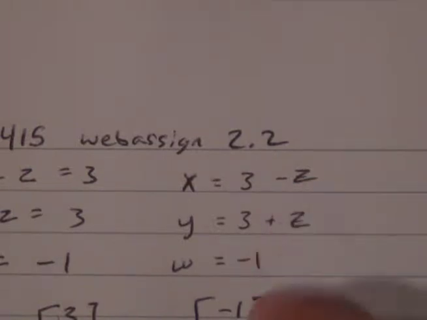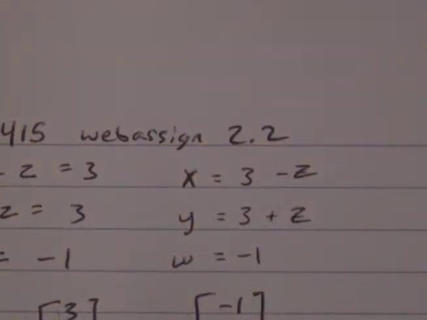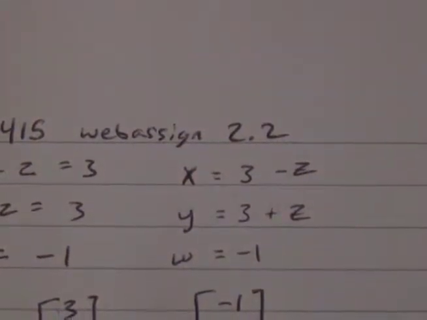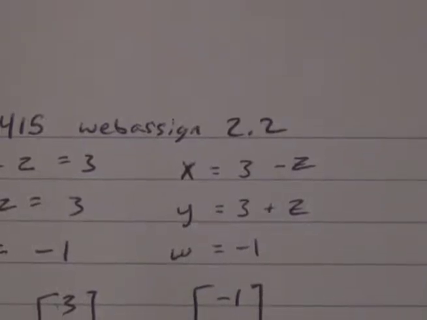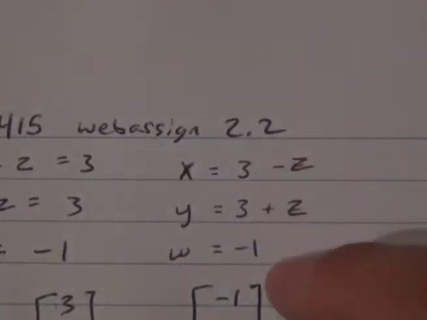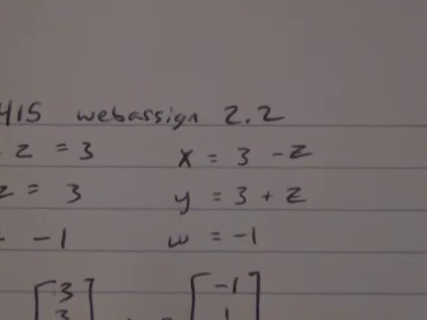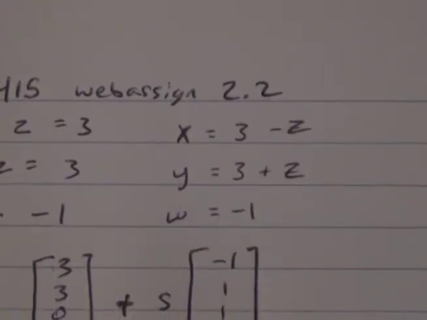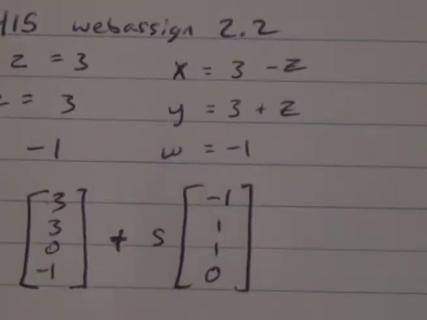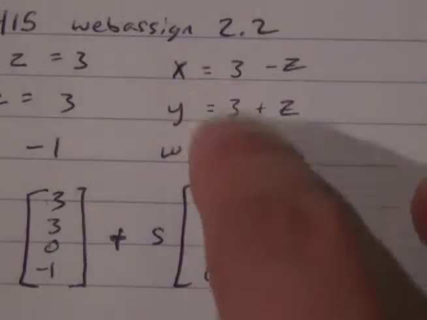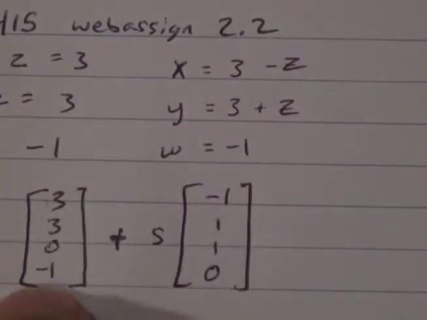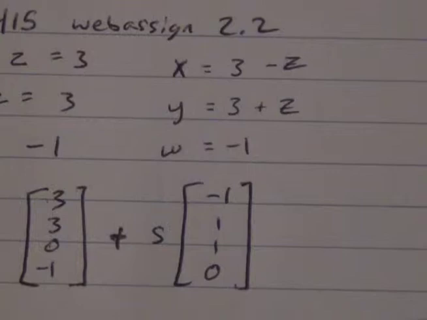And that's what we get over here. So basically everything but z at this point can be described by a combination of both what the right hand side was, which is here, and z itself.